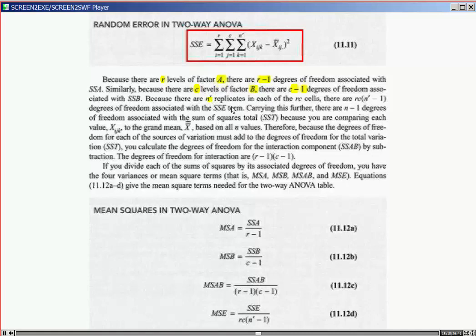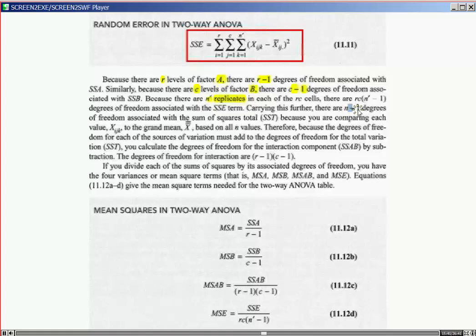Because there are n prime replicates in each of the R times C cells, there are R times C times n prime minus 1 degrees of freedom associated with SSE term, whatever is left for this, in whichever way to vary.